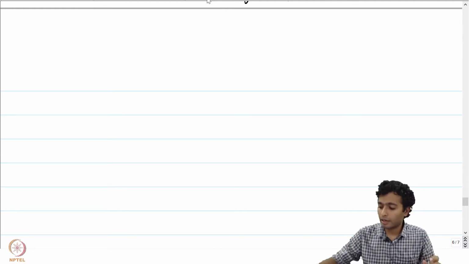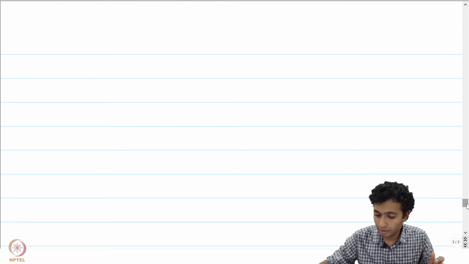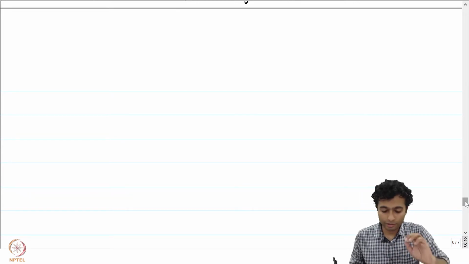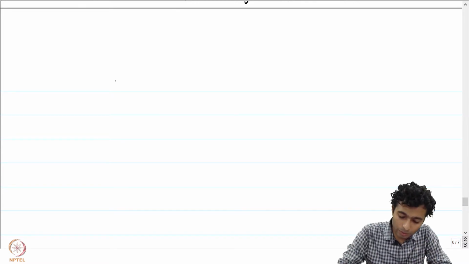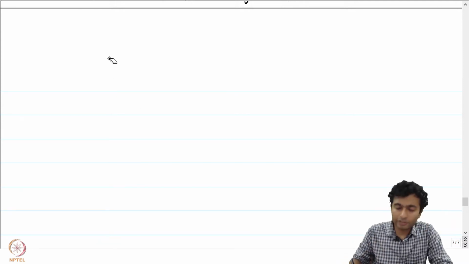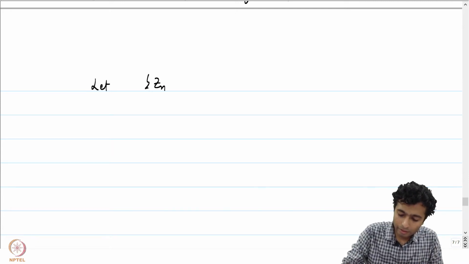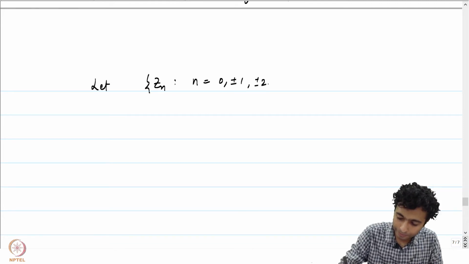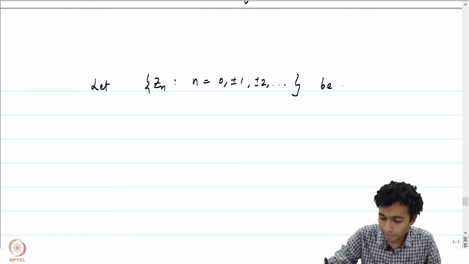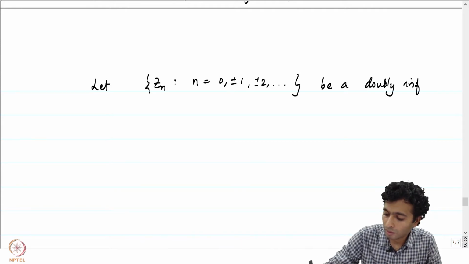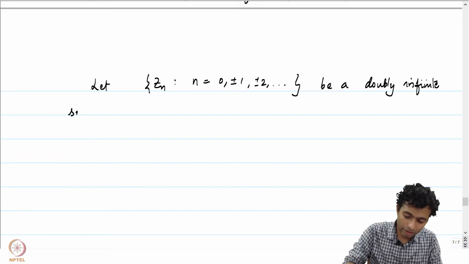Before we really start developing our theory with Laurent series, let us set certain notations that we will be using. So, Laurent series. Let me first talk about what is meant by a doubly infinite series. Let Zn, where n ranges over all positive and negative integers, be a doubly infinite sequence of complex numbers.